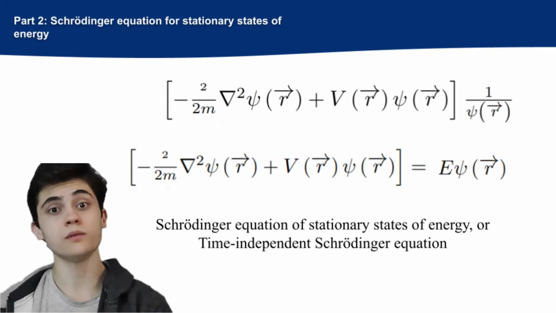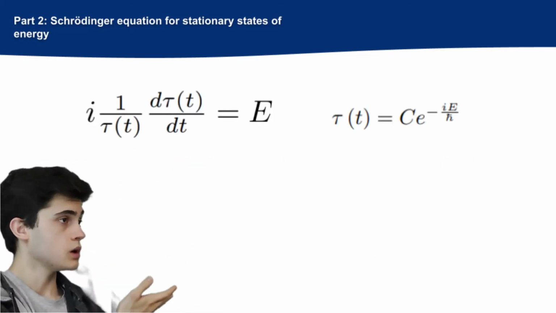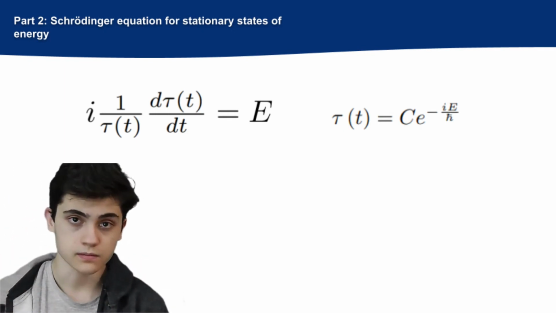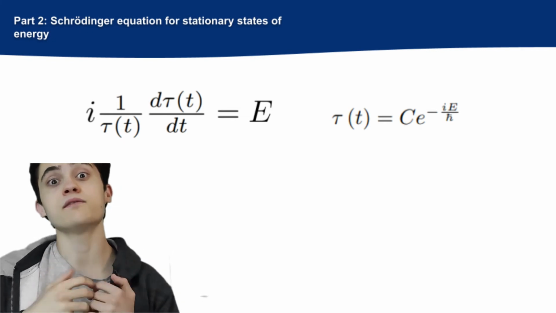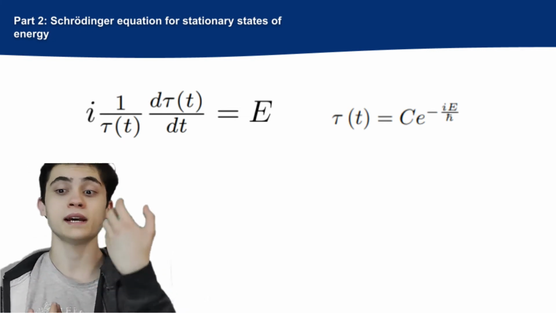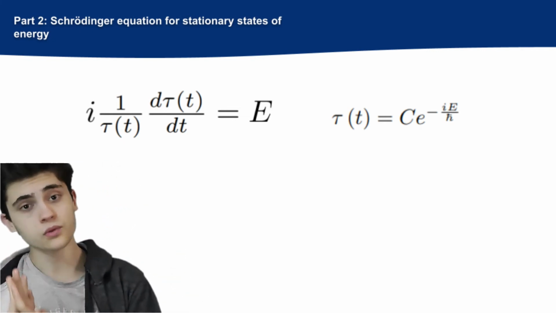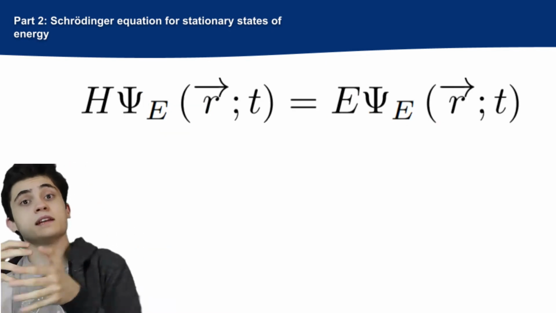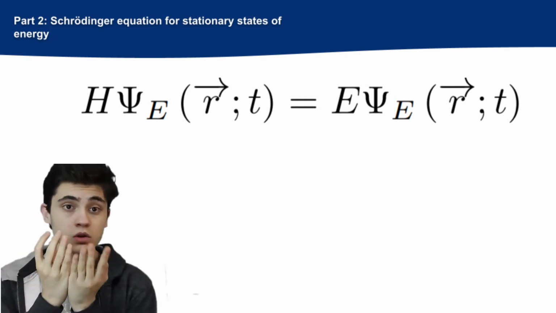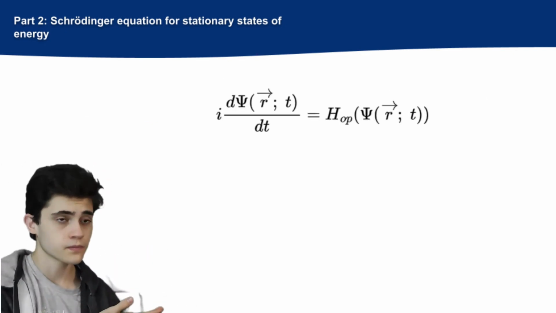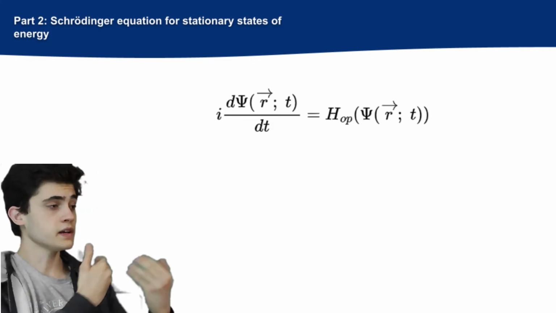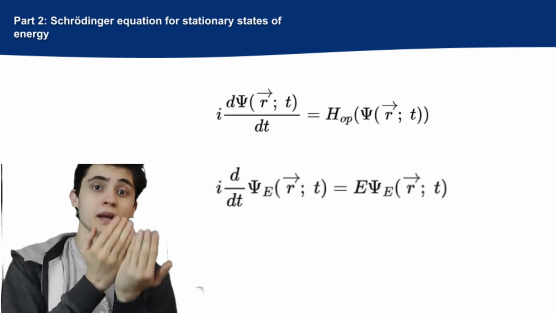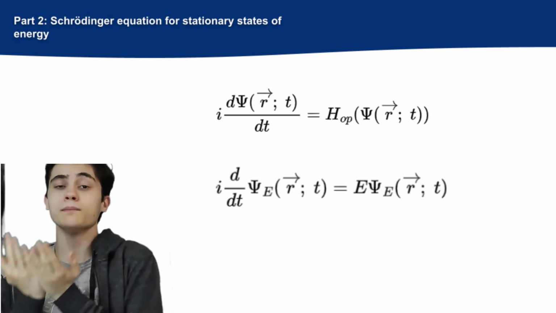Finally, the solution will be of this form, which are called stationary states of energy. They are eigenfunctions of the Hamiltonian operator, corresponding to the eigenvalues E. And in a conservative system, they are the solution of this equation, and they also verify this. So they are eigenfunctions of the energy operator with the eigenvalue E.